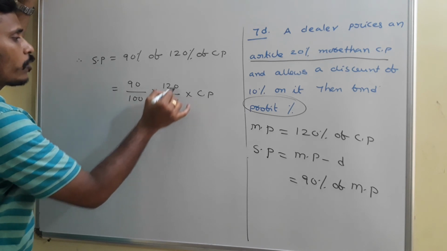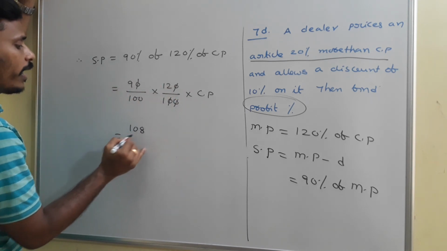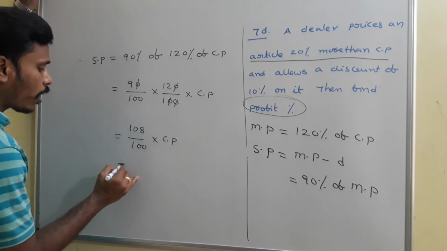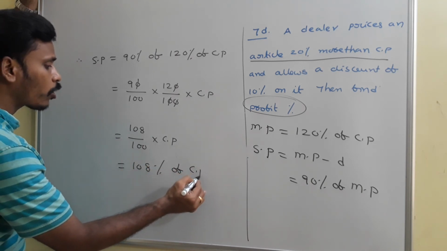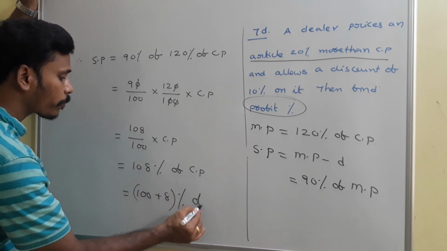If you cancel out two zeros, then you are left with 12 nines, 108 divided by 100 into cost price. See, 108 divided by 100 is nothing but 108% of cost price, and that is nothing but 100 plus 8% of cost price.